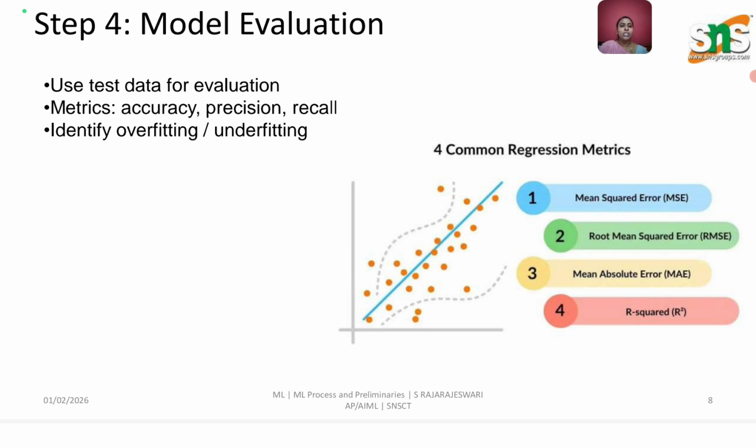In logistic regression we have sigmoid functions with some metrics to be followed. Under these we have overfitting, underfitting, bias and variance.